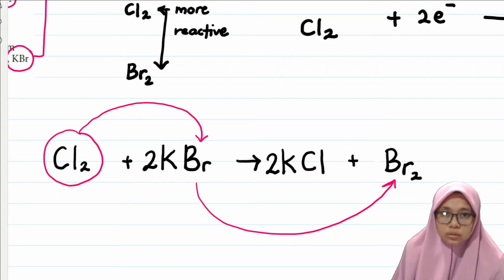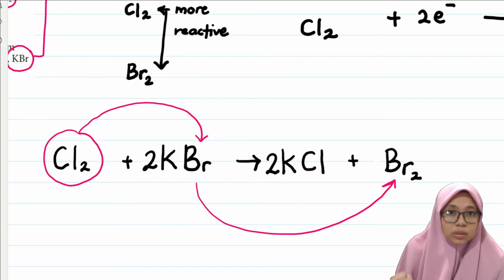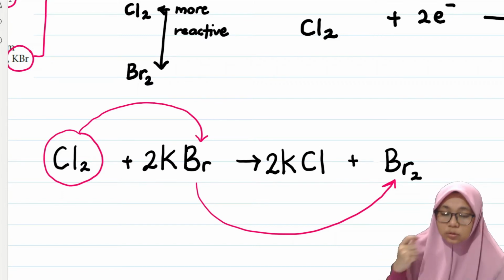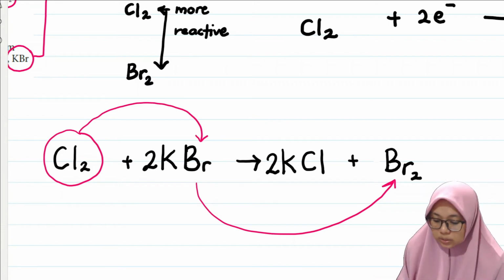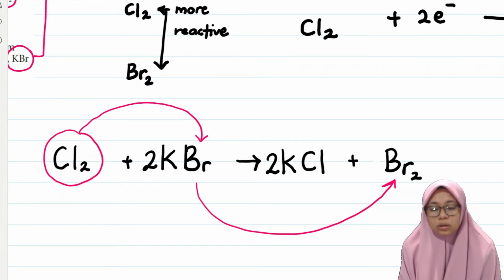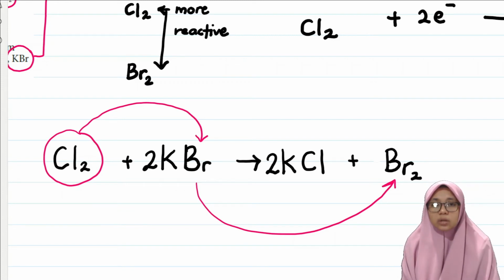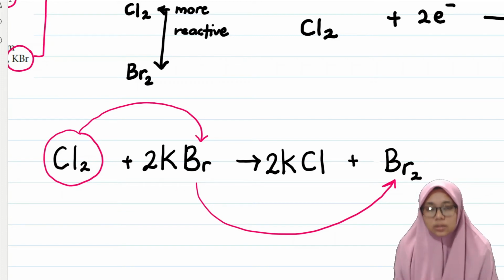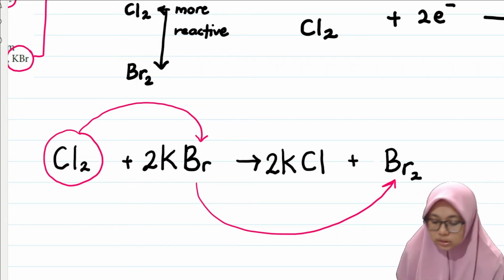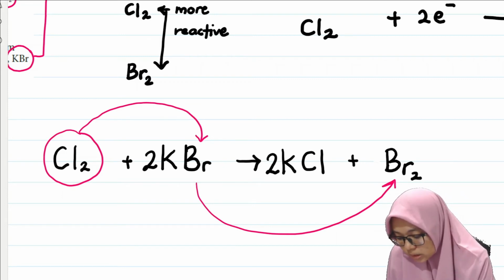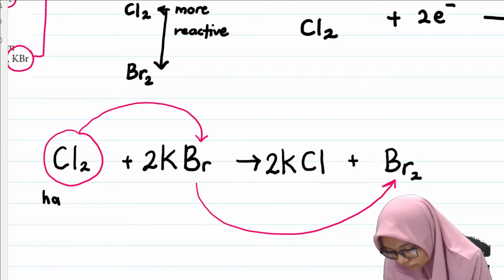displacement reaction. Okay, dia displace kan. Chlorine lebih kuat, lebih reaktif, dia akan tolak keluar ion bromida daripada potassium bromide. Okay, jadi inilah yang dimaksudkan dengan displacement reaction, okay, ataupun displacement of halogen from its halide solution. So you have to differentiate between halogen and halide. So this is halogen.